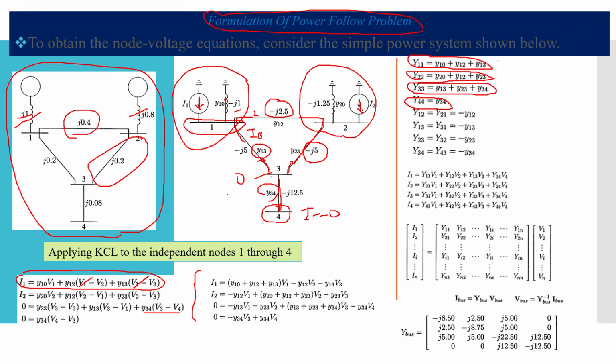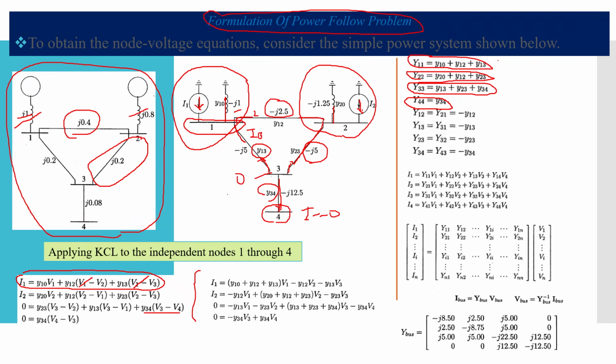Whereas Y12 is the admittance between bus 1 and bus 2, which is equal to the admittance between bus 2 and bus 1, because the same transmission line is observed from different sides, and that magnitude is equal to minus the admittance of the transmission line.